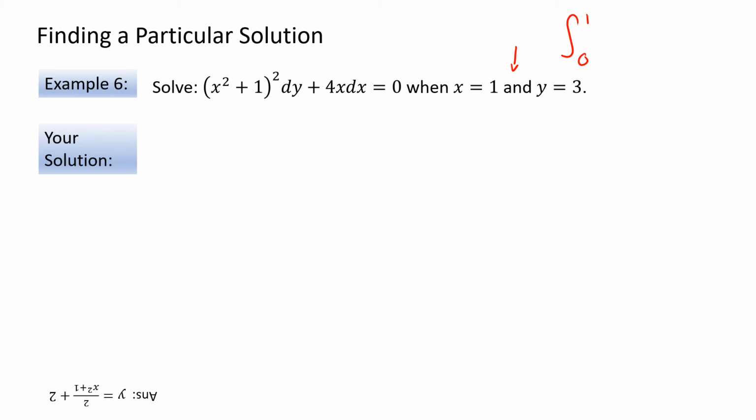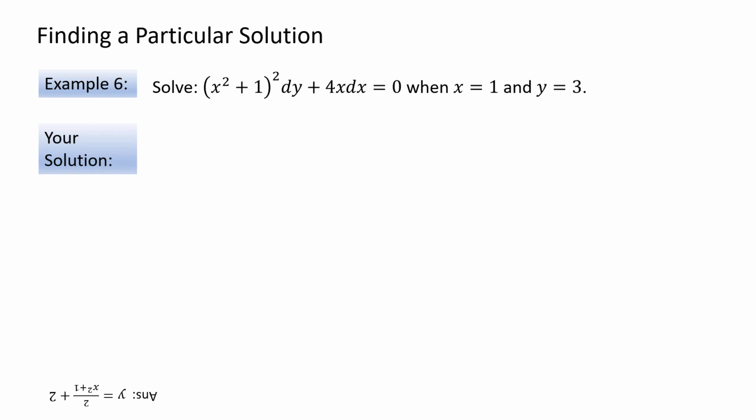You knew that when you had bounds, you normally were getting kind of a final solution that was a number. You're going to get that here as well. So you consider those as allowing you to solve for this constant, which again, because we now do not just have an arbitrary value, c, for the constant, it ends up being a particular solution.